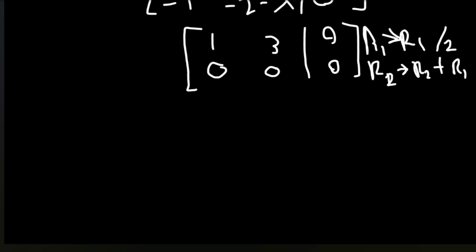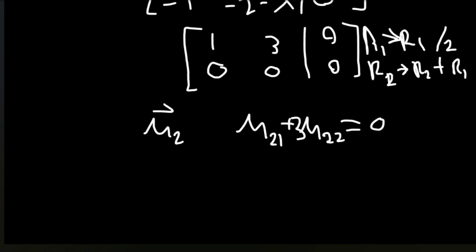We can do a very similar process, except this time we'll say this is our second eigenvector. We'll call this mu2,1 plus 3 mu2,2 is equal to 0. Then we can solve again, and we will say that mu2,2 is equal to 1.